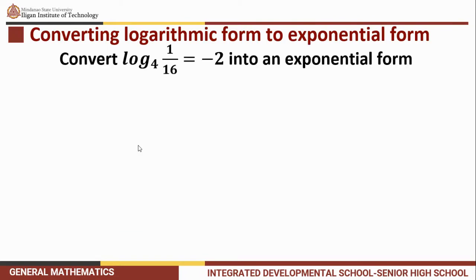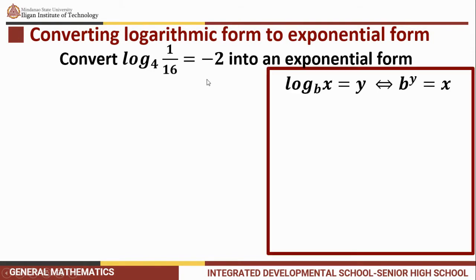Now let's convert logarithmic form to exponential form. For example, we have log with base 4 of 1 over 16 equals negative 2. To do that, we need to follow this formula in converting logarithmic to exponential.